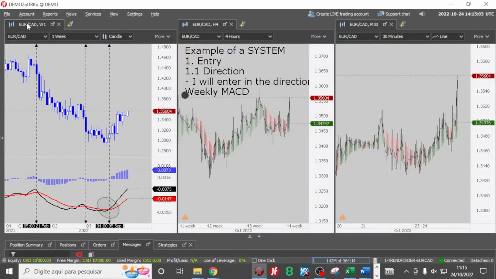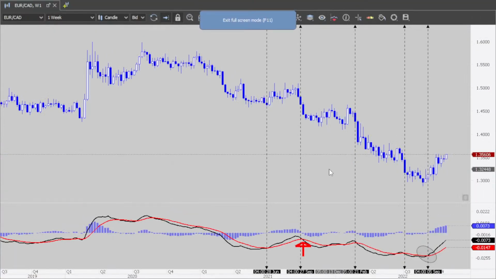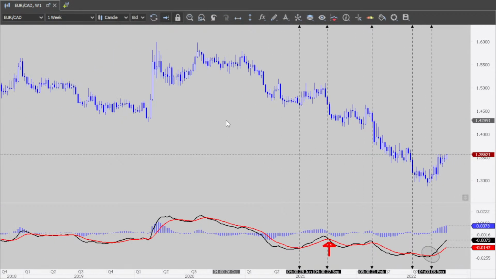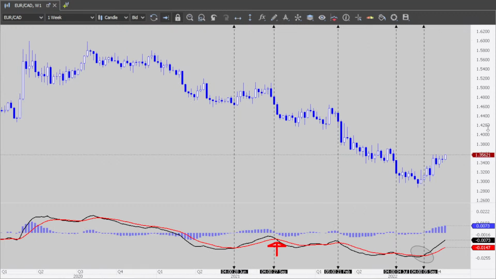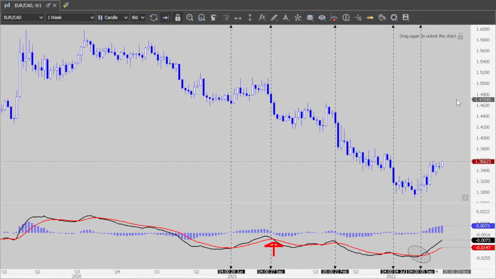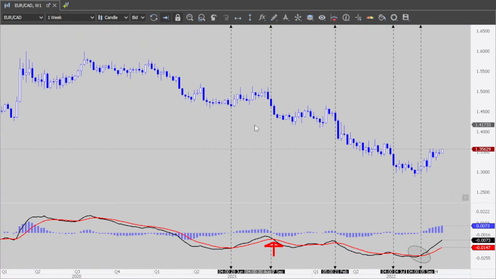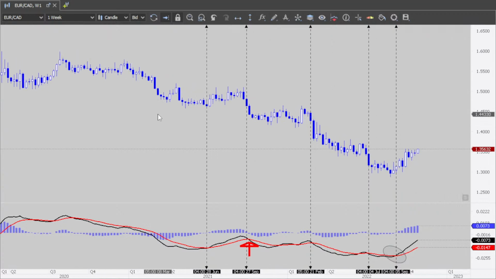Because MACD is not going to solve your life. As a matter of fact, any indicator is not going to solve your trader's life.